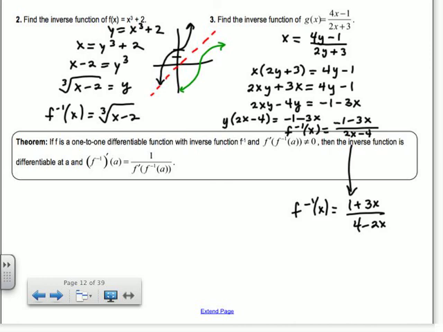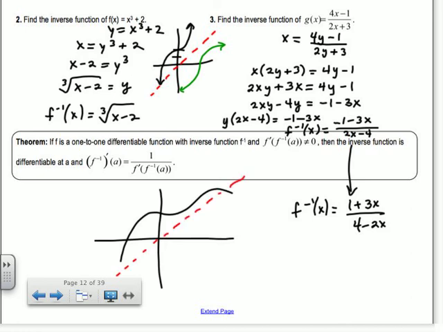So I just said that if we have some kind of function, let's call that f of x, its inverse is reflected over the line y equals x, right? Something like that.